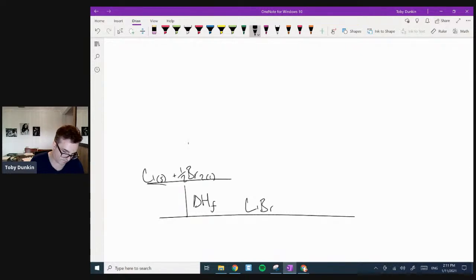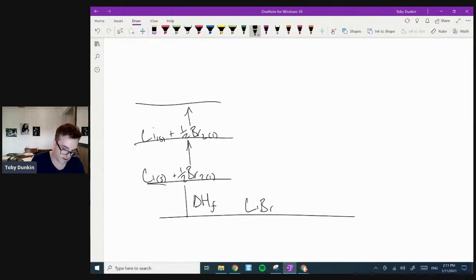So if we do the bromine first, the first thing I'm going to do on this shelf is split the bromine in half. So I'm going to do Br2. No, sorry, I'm now going to end up with just Br. Oh, sorry, we've got to vaporize it first. So we're going to have lithium untouched, plus half Br2 liquid.